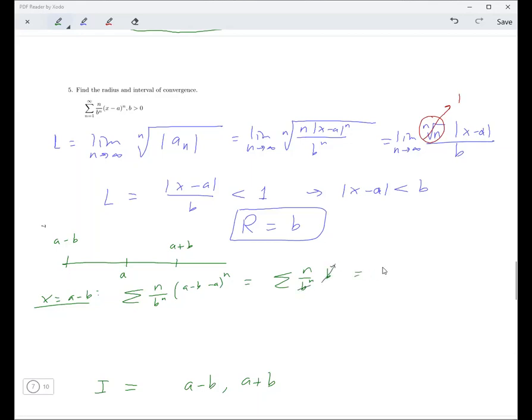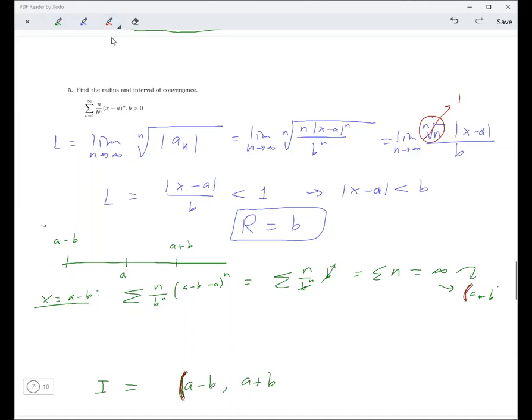Those guys are going to cancel, and you have this guy here, which diverges. So that means that we're not going to include the a minus b.